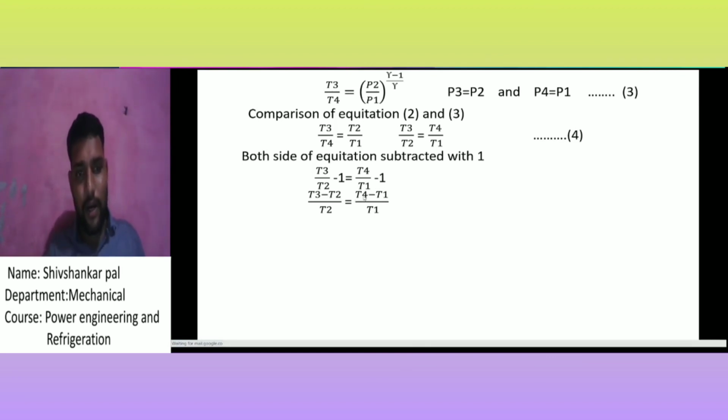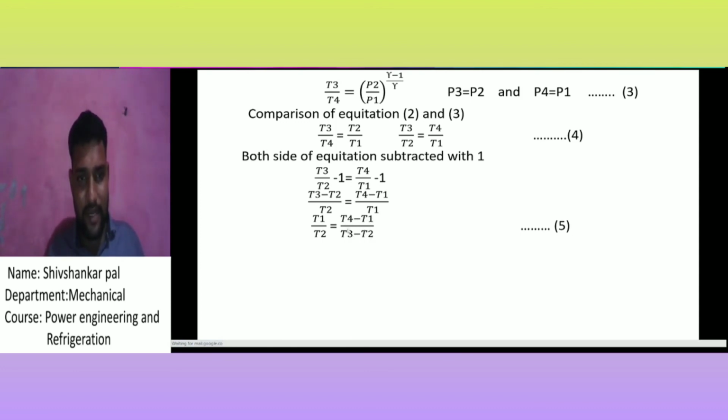And our efficiency is equal to 1 minus (T4 minus T1) divided by (T3 minus T2). So this T4 minus T1 divided by T3 minus T2 is replaced by T1 by T2. That is our next step, because our efficiency is in the form of 1 minus (T4 minus T1) divided by (T3 minus T2).